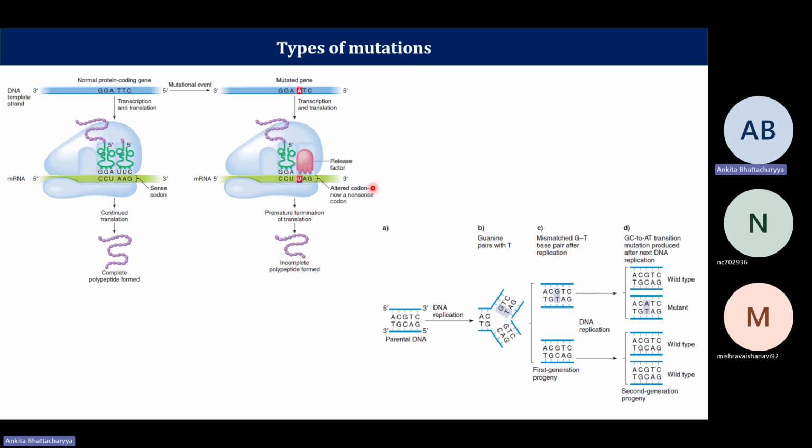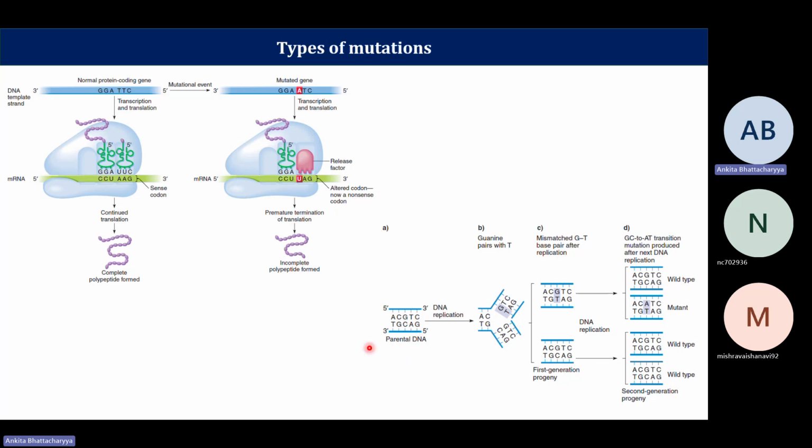The altered codon is now a nonsense codon that recruits the release factor, which releases our polypeptide, and an incomplete or truncated polypeptide chain is synthesized.